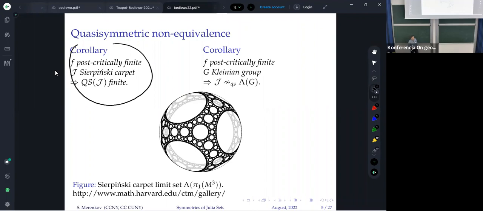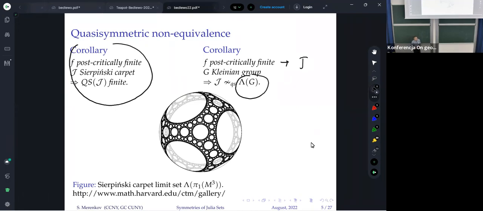So this is again a certain classification result. They cannot be quasi-symmetrically equivalent because J has a finite quasi-symmetry group, and the limit set has an infinite quasi-symmetry group of self-maps because the group itself acts on it, and it's an infinite group.